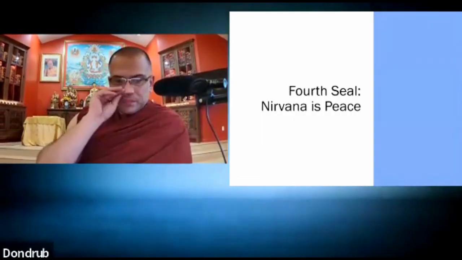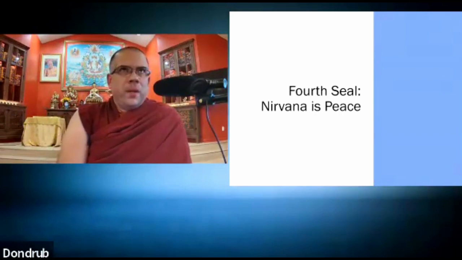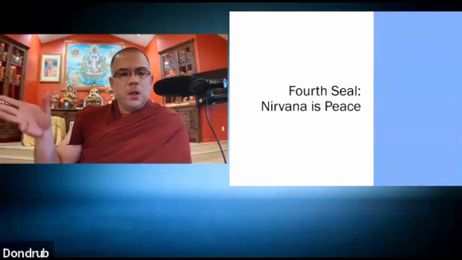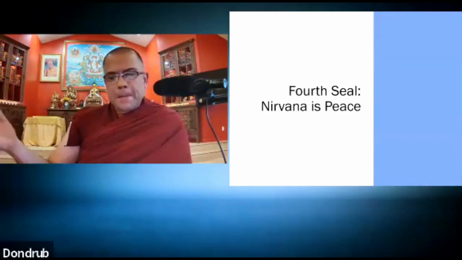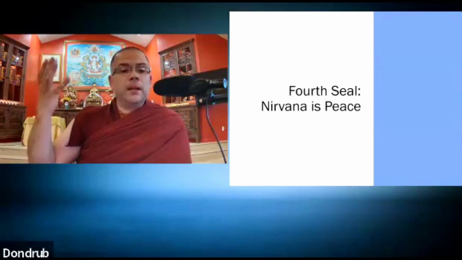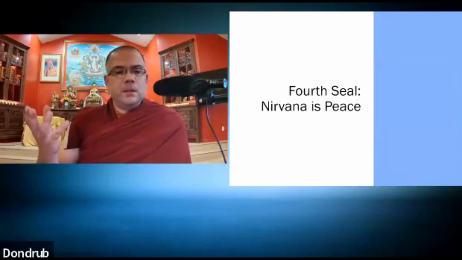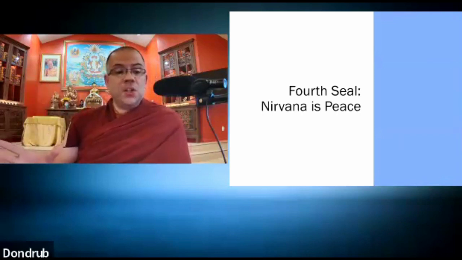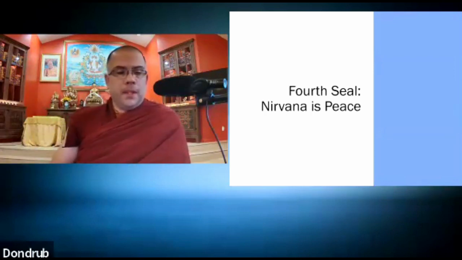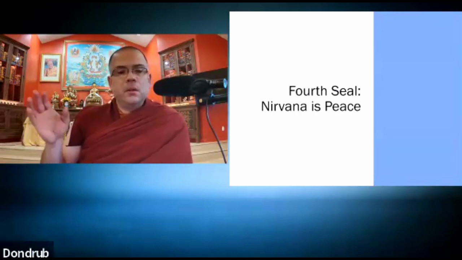Okay, sorry, I skipped. Then you have the fourth seal, nirvana is peace. We talked last week about this idea of lower nirvana and full enlightenment, these two valid paths of training that the Buddha taught. Lower nirvana is what is sought and accomplished by Theravadan practitioners, and full enlightenment is what is sought and accomplished by Mahayana practitioners. Both of these states are a complete cessation of suffering for the mind of the practitioner who accomplishes them, and that is genuine peace.